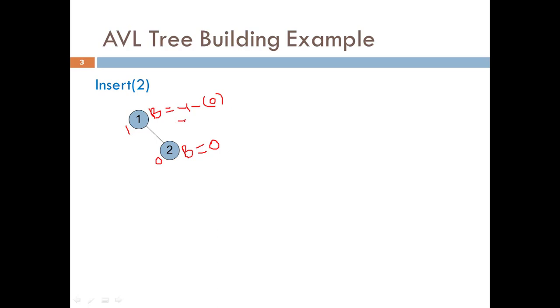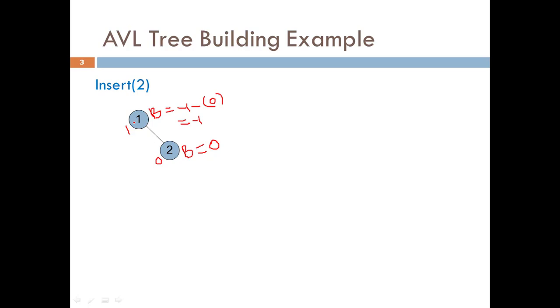So we get minus 1 minus 0, which is minus 1. So all the nodes are in the range of an AVL tree. This has the balance factor 0, this has the balance factor minus 1. So no need for the rotation.